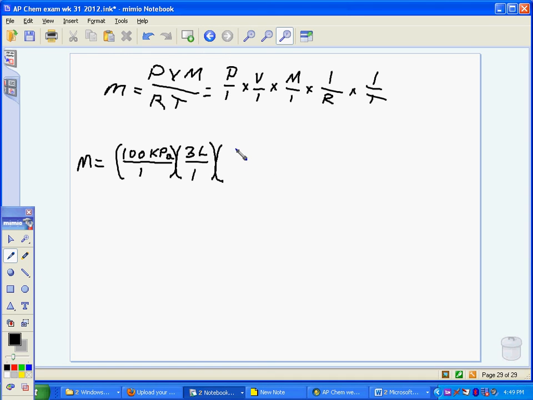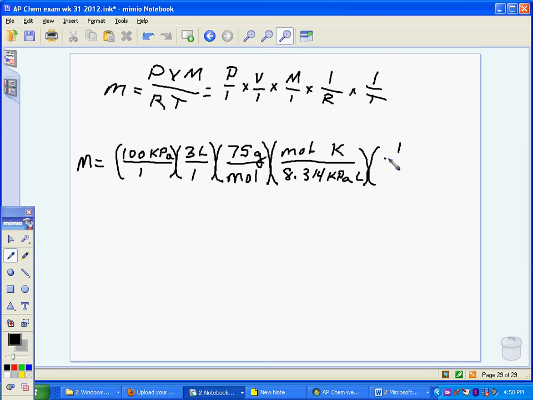My molar mass was 75 grams per mole. R, remember I've got to flip it upside down, so I'm going to put my 8.314 kilopascals times liter on the bottom and mole Kelvin on the top. Okay, and then 1 over my temperature, which was 308 Kelvin.